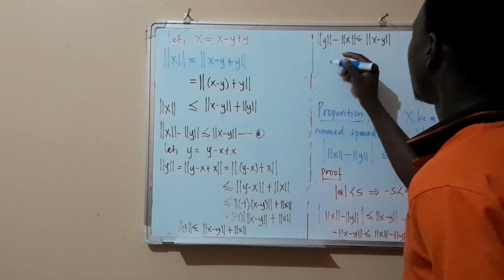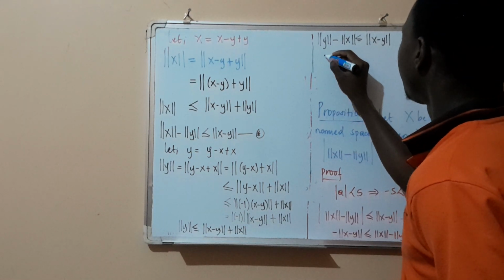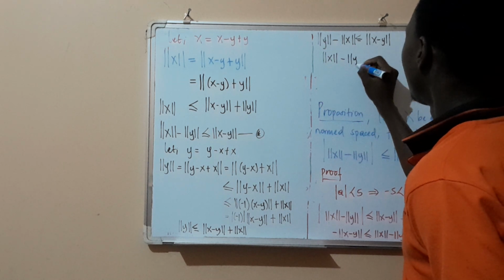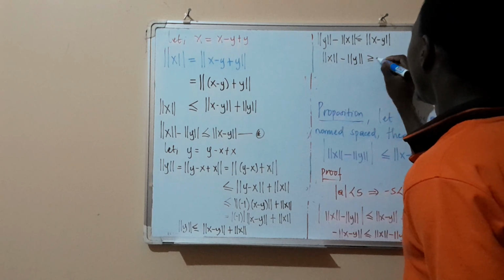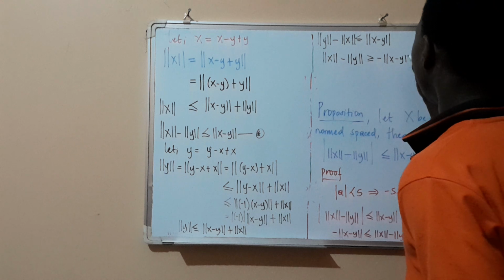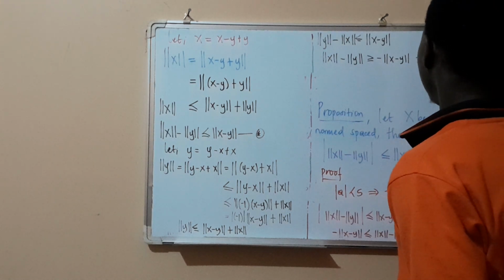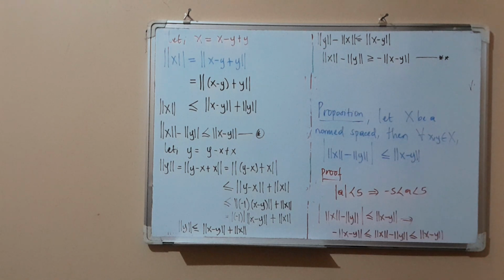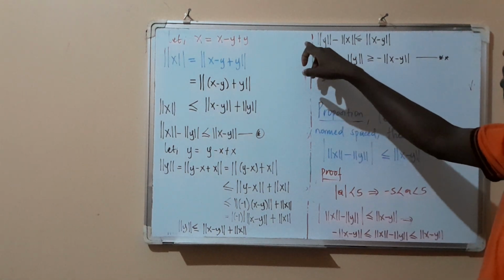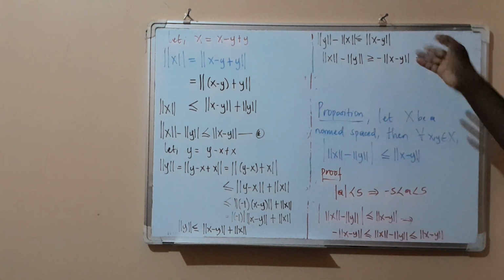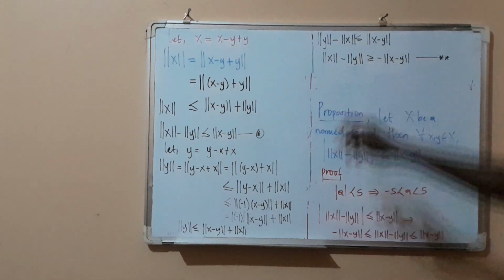The norm of x minus the norm of y is greater or equal to negative the norm of x minus y. I can call this star 2. If you multiply by that negative on both sides, the inequality will change.